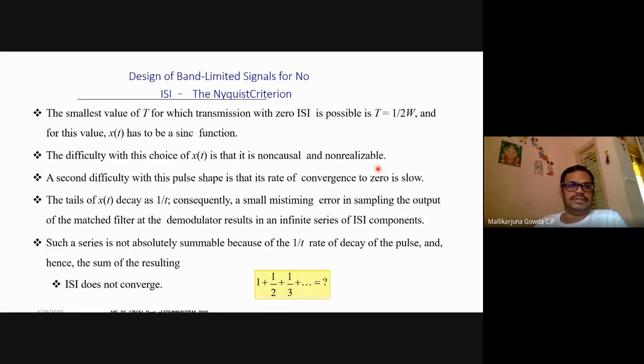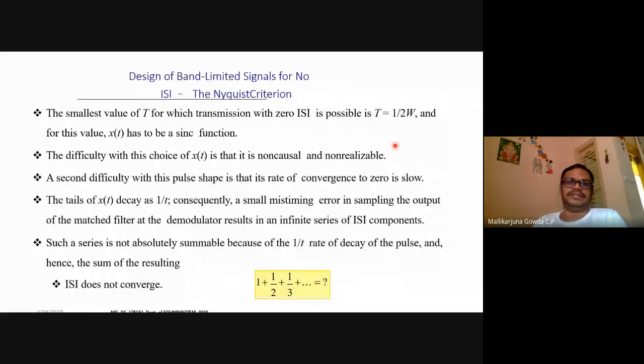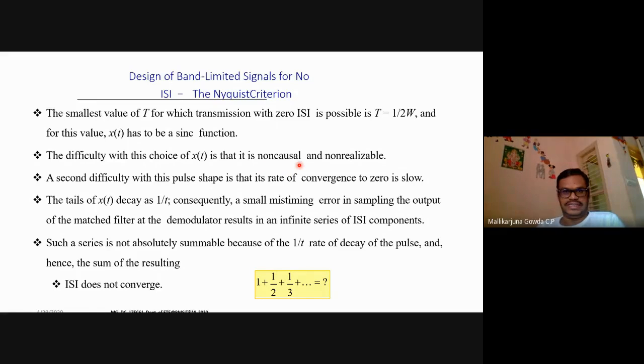I'm saying this pulse is non-causal and non-realizable. What do you mean by causal? One which does not depend upon future inputs. Okay. So the sinc function is non-causal and it is not physically realizable, right? That is one difficulty.